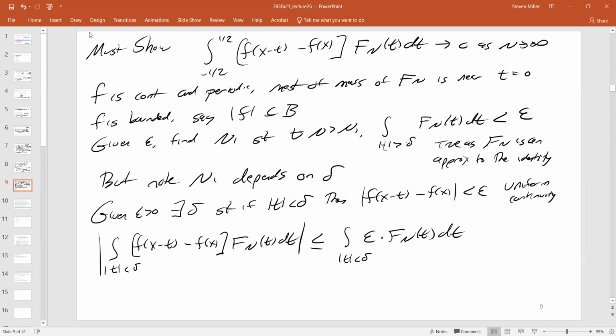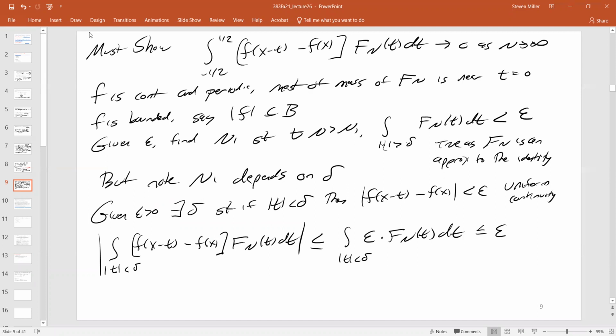And how large can that integral be? It's at most epsilon, because the integral of Fn is 1. And if I only restrict myself to t less than delta, I can't make the integral larger than 1 because it's a non-negative function.